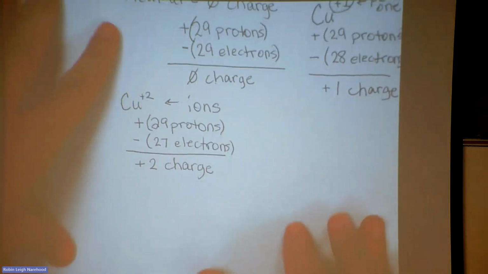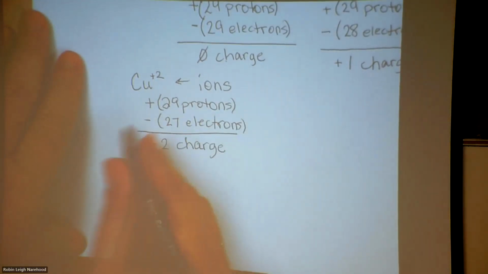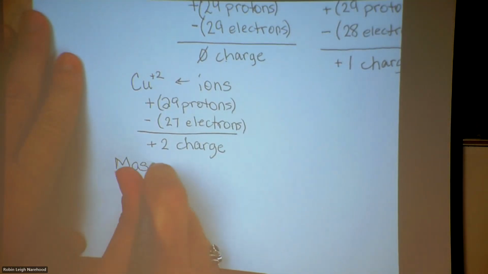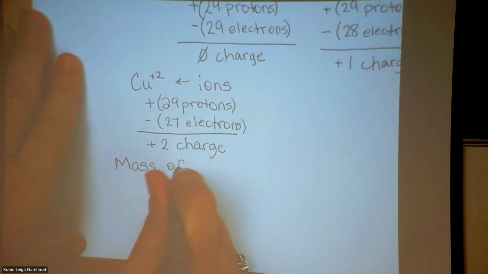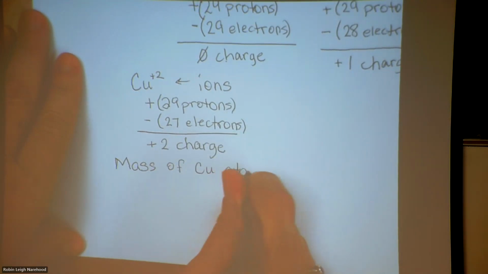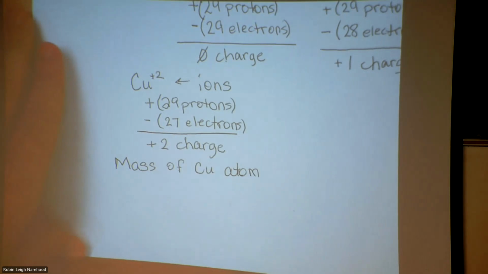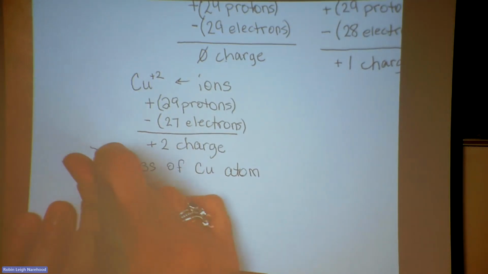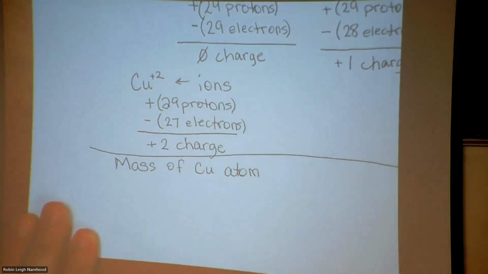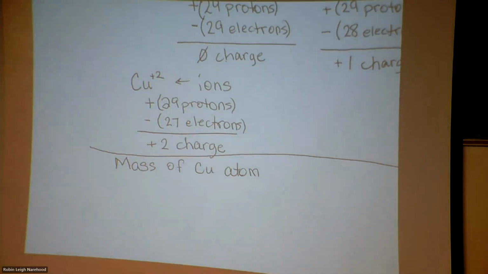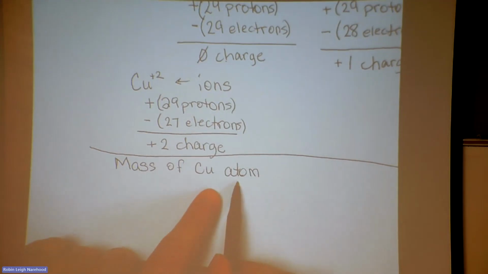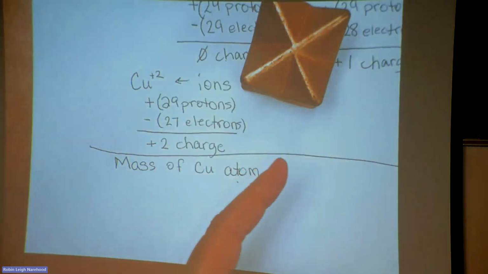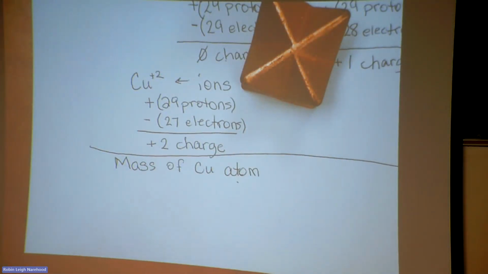Now we're going to look at the mass. The mass of a copper atom, that's not the positive two. And this would be an individual atom, not that whole sample, but if I just chipped off one tiny atom.